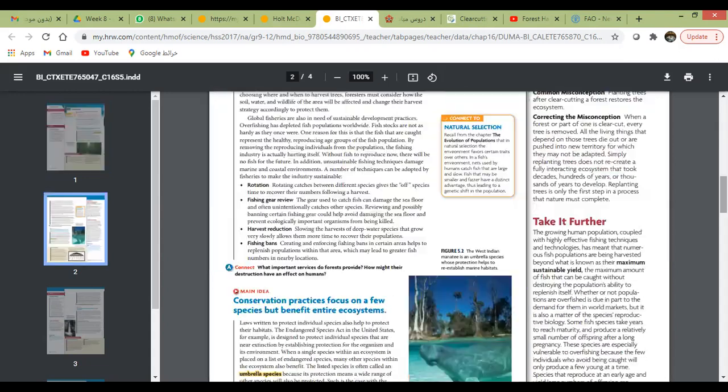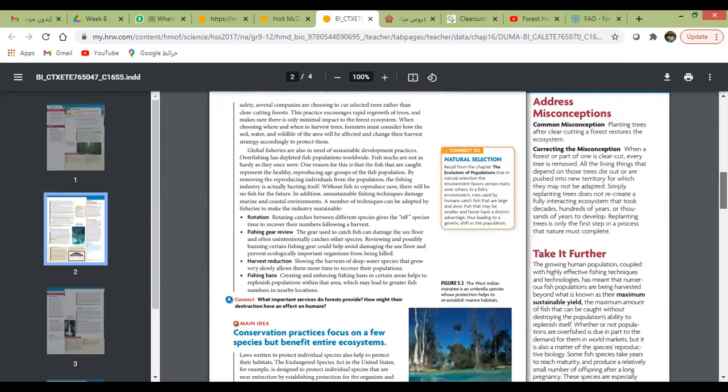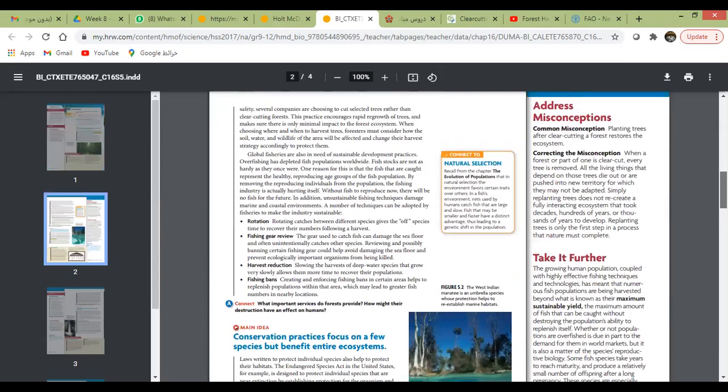Now here I want to tell you something about the plant. There is something called clear cutting. Clear cutting means they come to the forest and cut everything on the surface of the earth. Big, small, medium, anything. This practice is very harmful for the ecosystem. On the other hand, some companies choose a way to cut trees by selecting trees, not cutting all the trees.